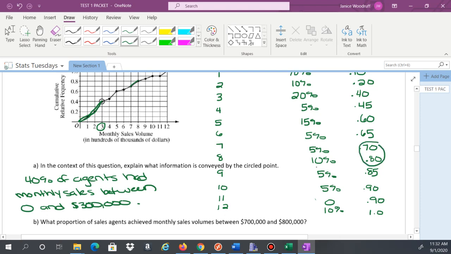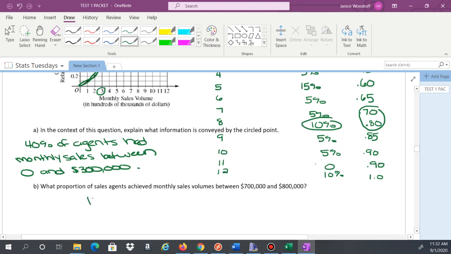There's a difference of 10%. Okay, so you would say 10%. And then if you want to make it a full sentence, 10% of sales agents achieve monthly sales volumes between 700 and 800,000. So you're just looking at that point from 7 to 8. Those are your constraints. Okay, not the whole graph.